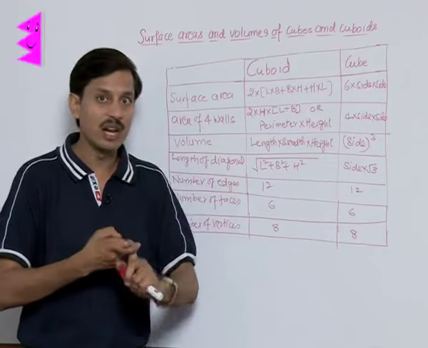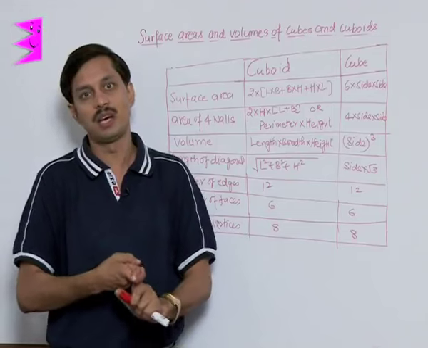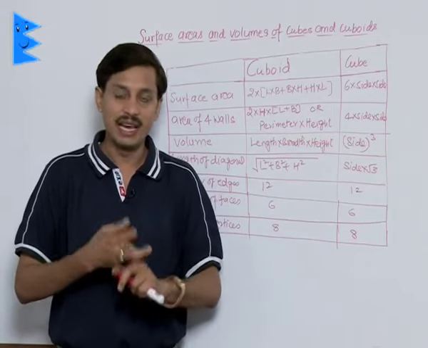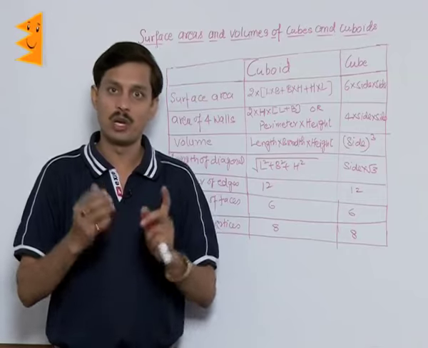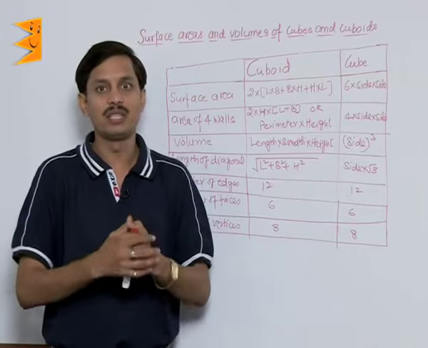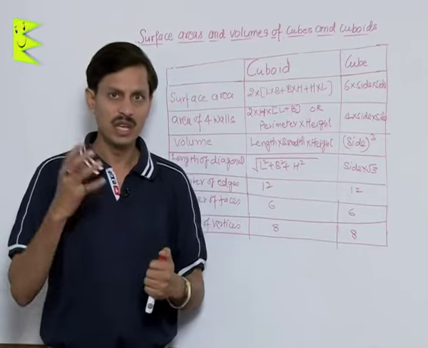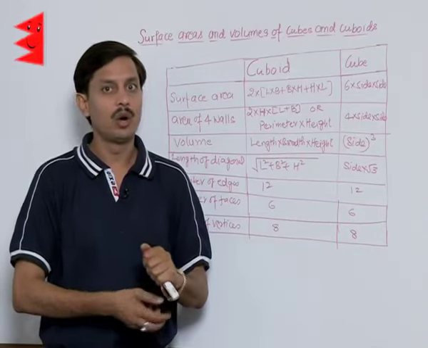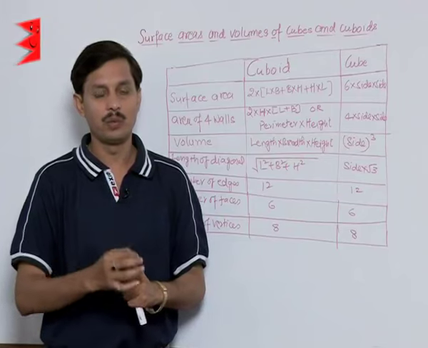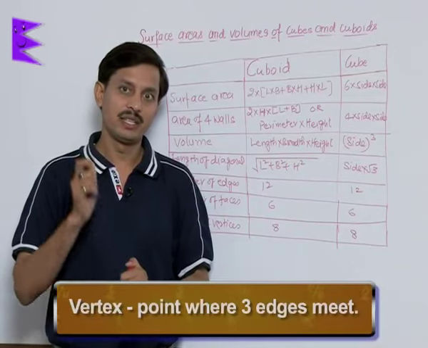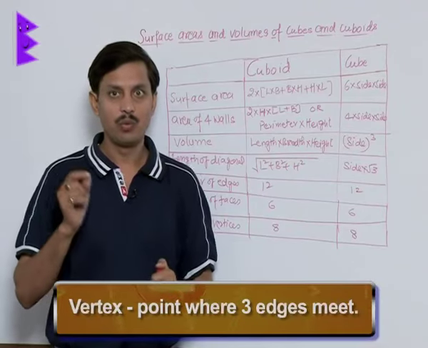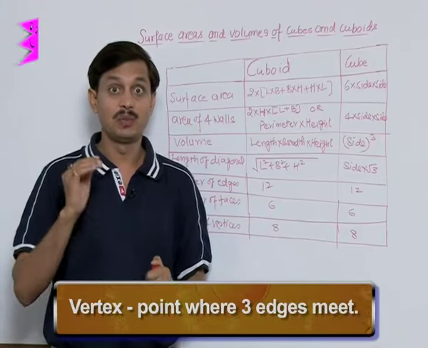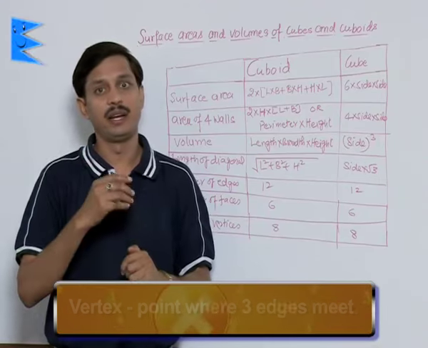So, if someone asks how many surfaces there are in a cube or cuboid, 6; how many edges, 12; how many vertices? In a cuboid or cube there are 8 vertices. A vertex is that point where your 3 edges meet, that is length, breadth and height.